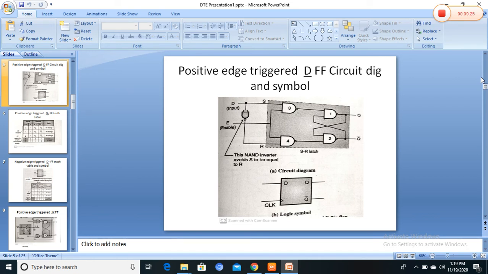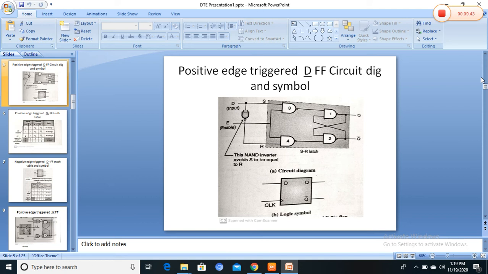On the other side, if the clock is in the upward direction, that is a positive edge, and D is equal to 1, D equal to 1 means S is equal to 1. Between S and R we connect one NAND gate. That NAND gate acts as an inverter, so R becomes 0.